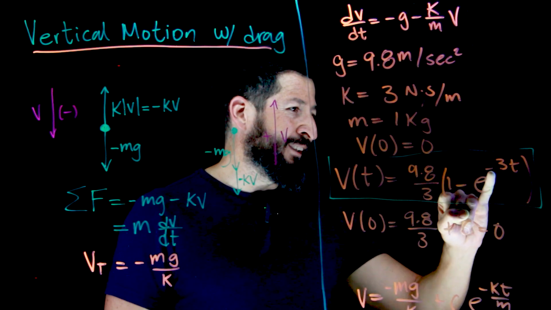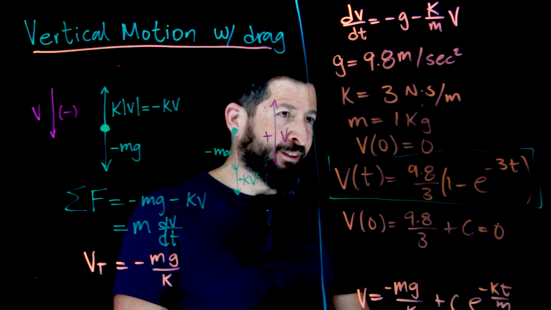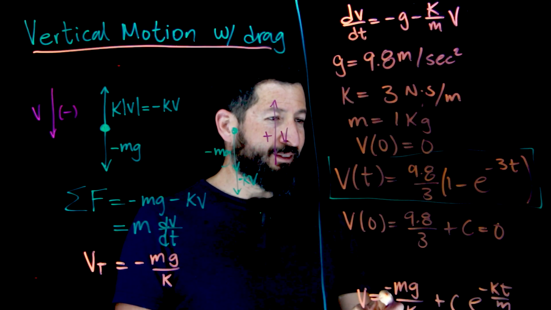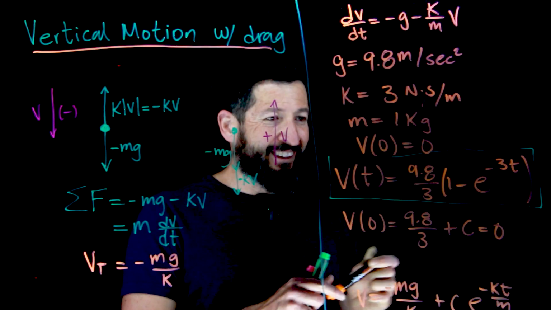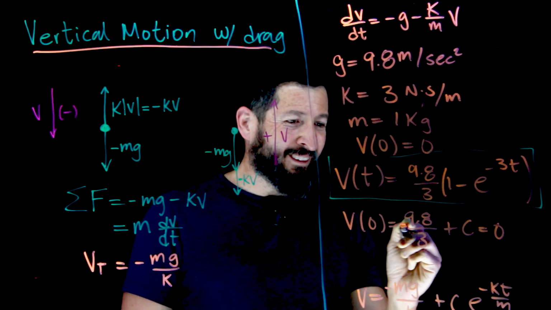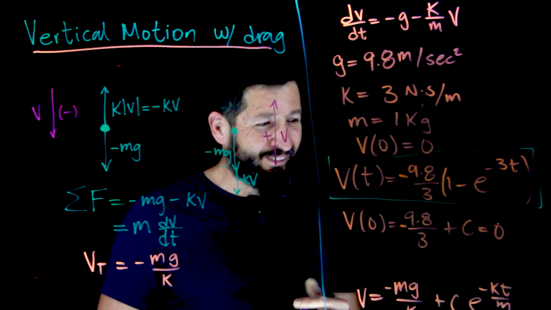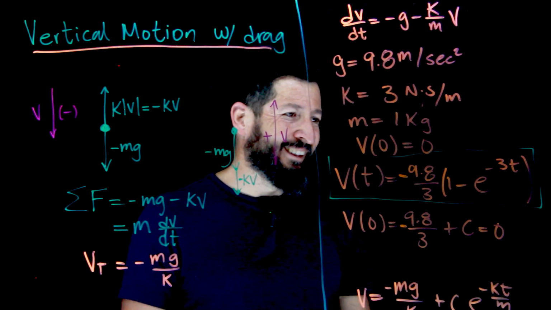As t goes to infinity, this term disappears and my terminal velocity should be, where did my negative go? At least I'm consistent because I made it negative here, so that makes it into positive. So I can put a negative here, and then everything is alright. There's a negative. I didn't see it.